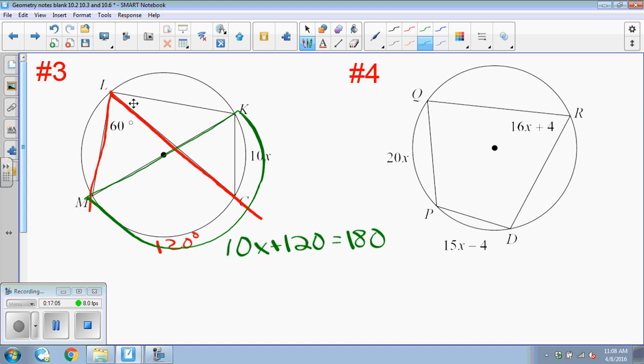And you still end up with 10x equals 60 and x equals 6. That was how I worked it the first time. It is easier to do it if you recognize that this was a 90-degree angle. Okay, but either way is correct.